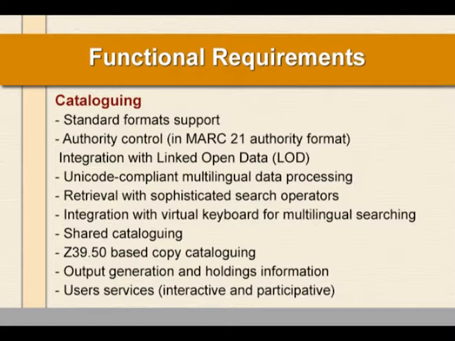So, your library automation system should support all 5 or at least 3, that is the bibliographic format, authority format and holdings format. These 3 are mandatory, and if other tools are available, that is classification format and community information format, those will be an added advantage for your library automation. So, please ensure that at least these 3 data standards are available with the library automation system.